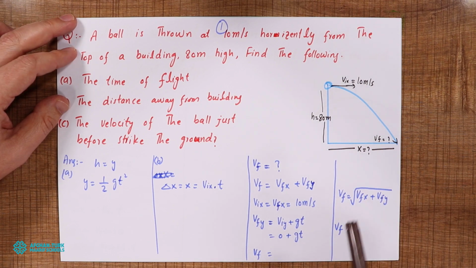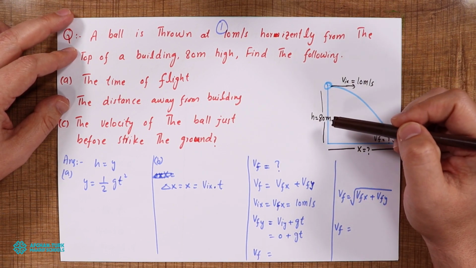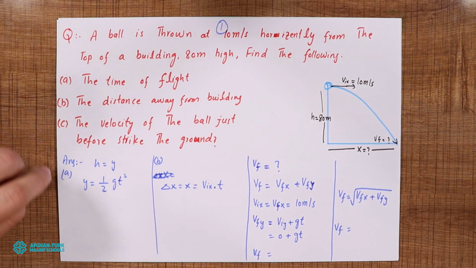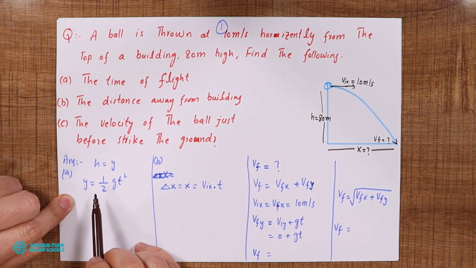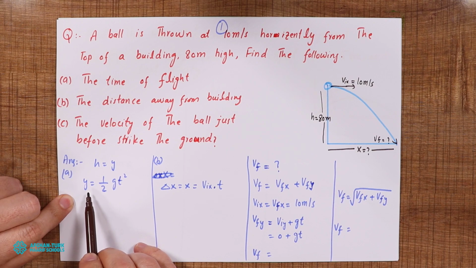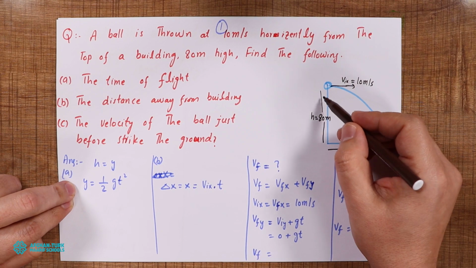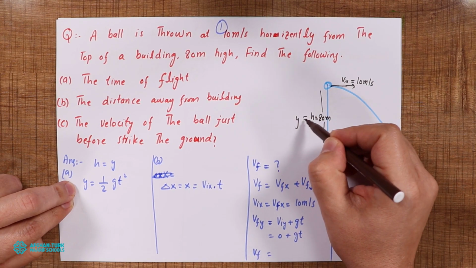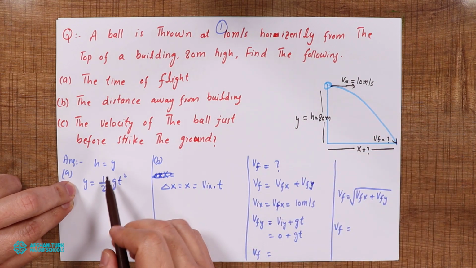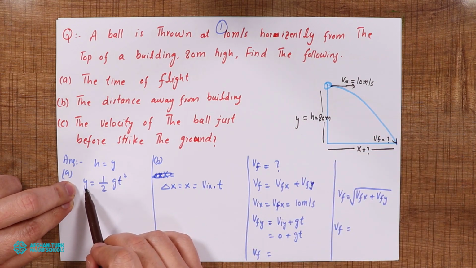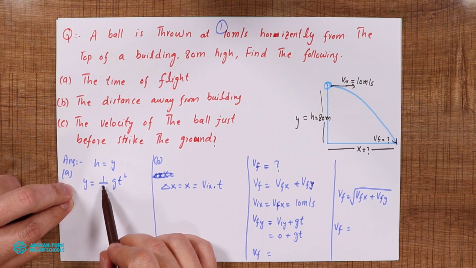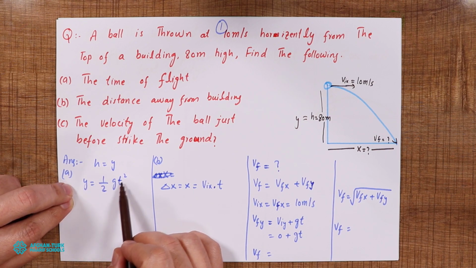So let's see, the height. In the first video of projectile motion, we proved one equation for the special case. Here I can write y is equal to h, meaning height. Now y, or height, is equal to 1/2 gt².